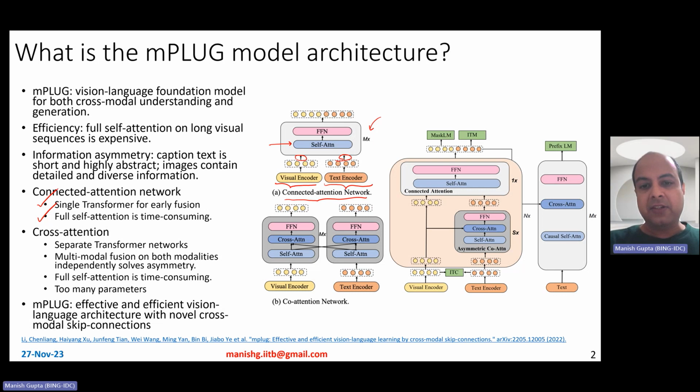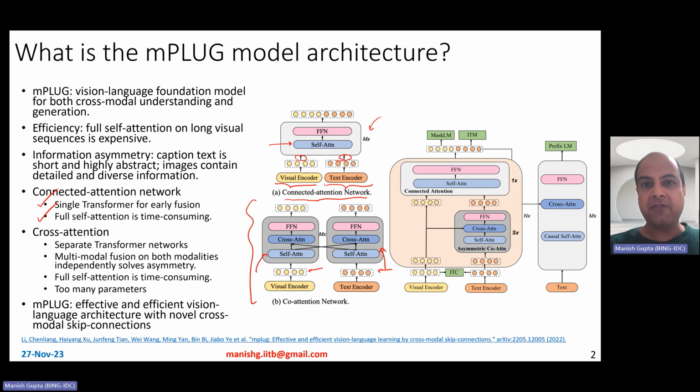The other way of doing multimodal learning is the co-attention network, where you have separate transformer networks. There's no early fusion: the visual encoder encodes the images, the text encoder encodes the text. But then there is cross attention, so a multimodal fusion happens on both the vision side and the text side. There are two transformer networks, one for vision and one for text.